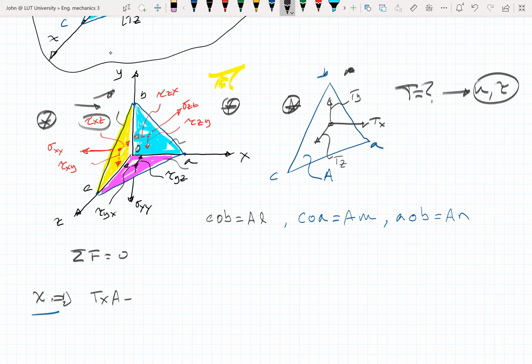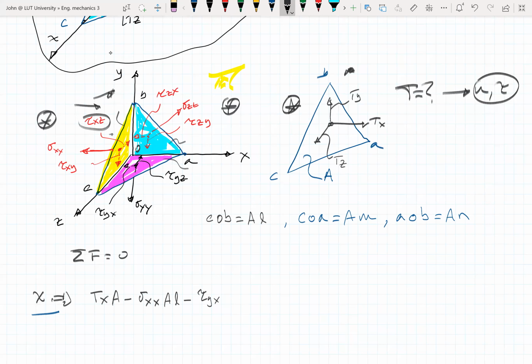Then minus this normal stress, which is applied on the yellow area, and that's going to be sigma xx times A L, minus the other one that is aligned with the x-axis, tau yx.